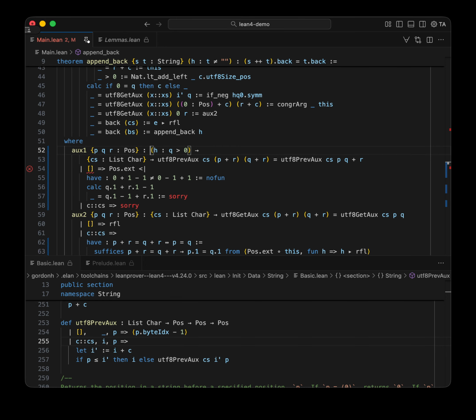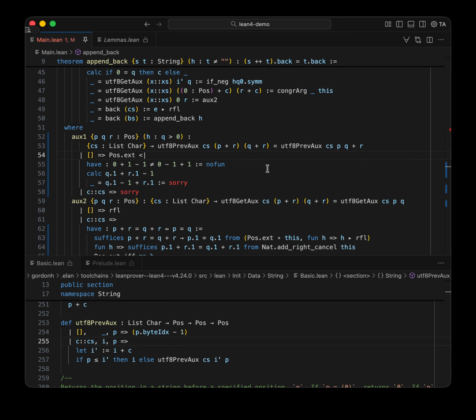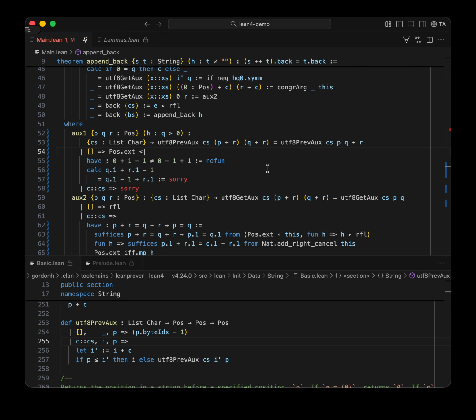Let's assume that Q is greater than 0. Q is positive. Can I do a destruction here? Let me attempt this.